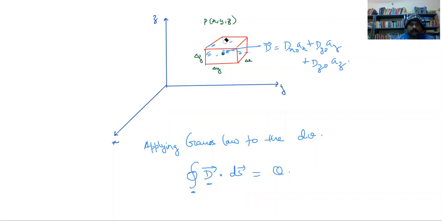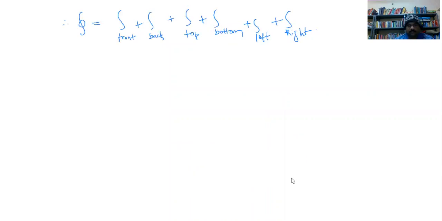This one I just showed you for clarity only. So the point P is exactly at the middle of the parallelepiped, and from this the flux is moving out. So coming back to the derivation part, we will evaluate each one of these integrals and add them finally to get the final integral. Here the circle means closed integral, with each surface closing or forming the entire differential volume.